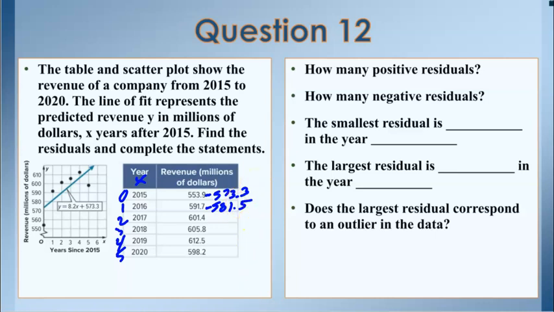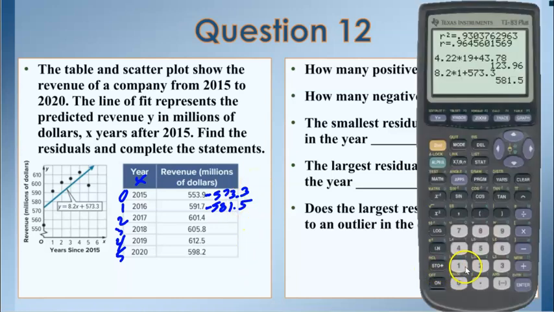Then for 2017, we're going to put a 2 in there. So we have 8.2 times 2 plus 573.3, which gives us 589.7.